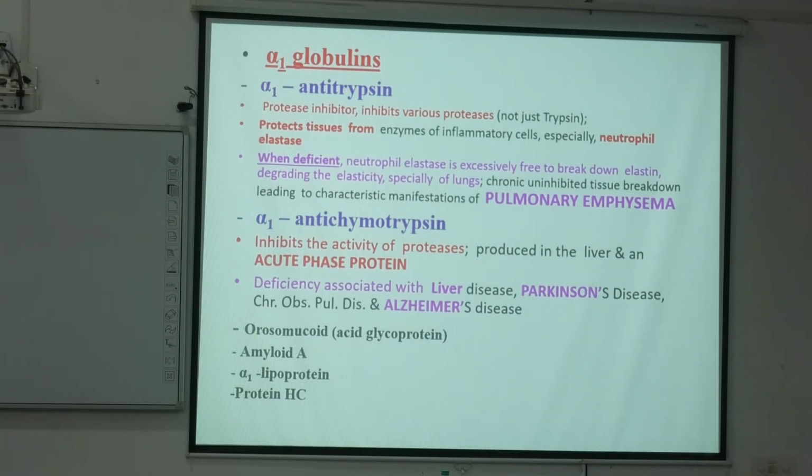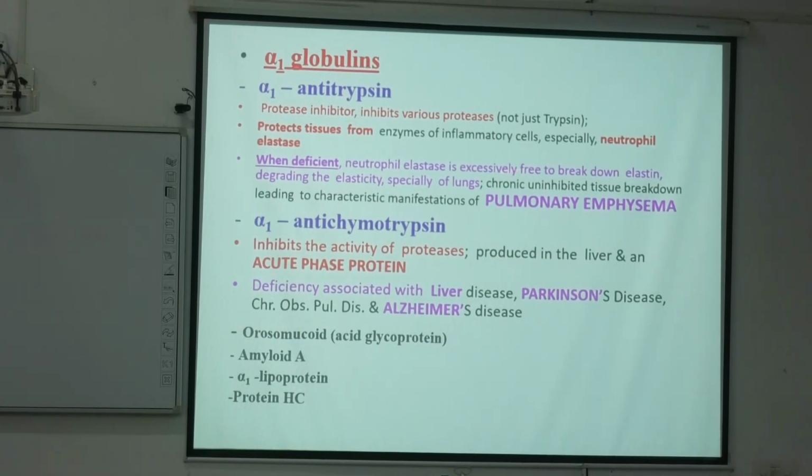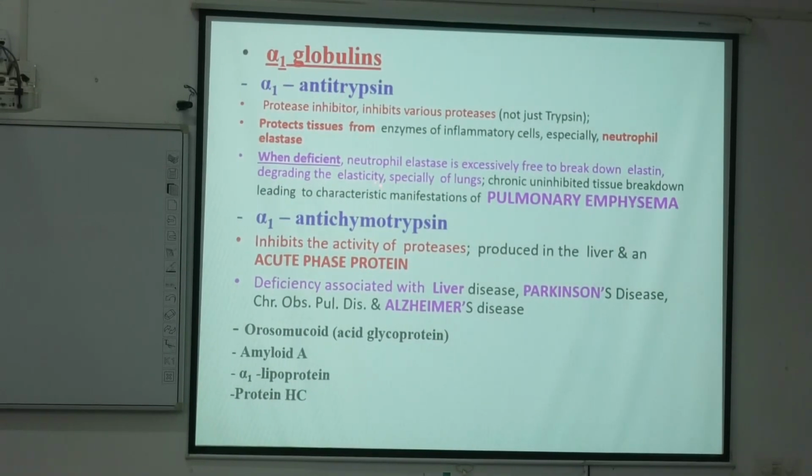See, the lung is expanding and collapsing with inspiration and expiration. The presence of elastic tissue in the lungs, that elastic tissue, elastin, will be destroyed by the neutrophil elastase, and the lung will no longer have that elastic power, and it will give rise to a condition that is called pulmonary emphysema.